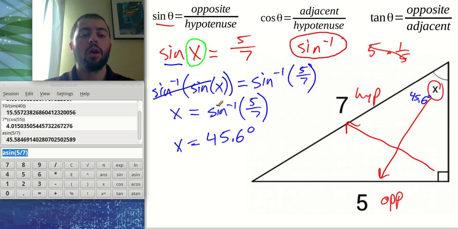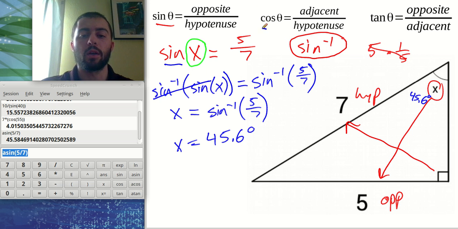All right, so this is a little bit different than when we were solving for a side, but the process is very similar. We're looking to see which sides we have in relation to the angles, which trig function we are therefore going to use, and then the only tricky step here is, in order to isolate this unknown angle, we have to use the sine inverse function, or we have other inverse functions.